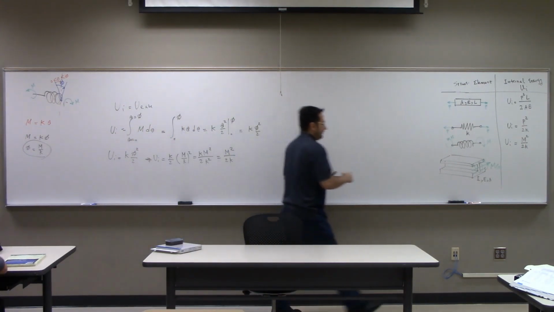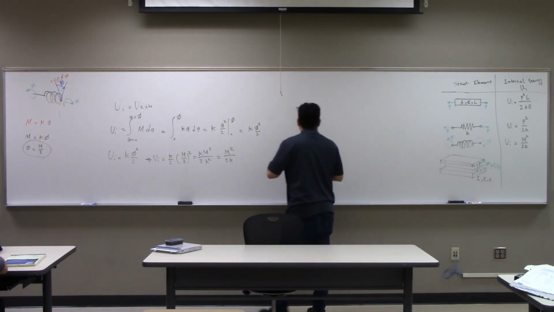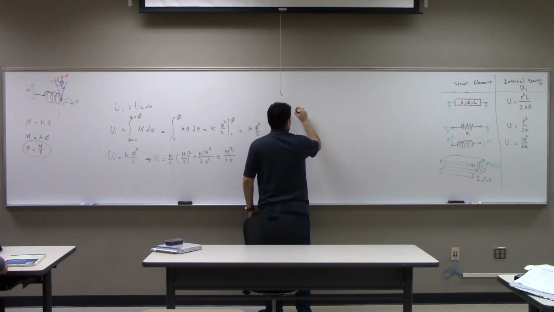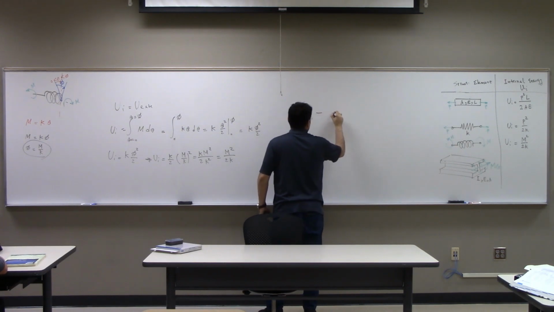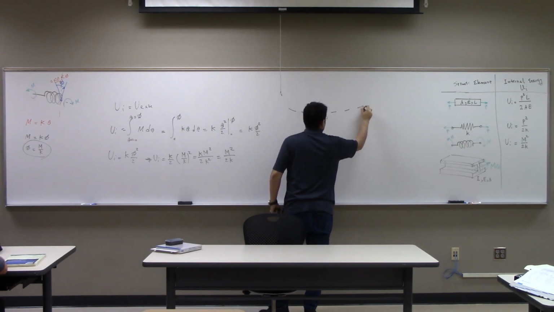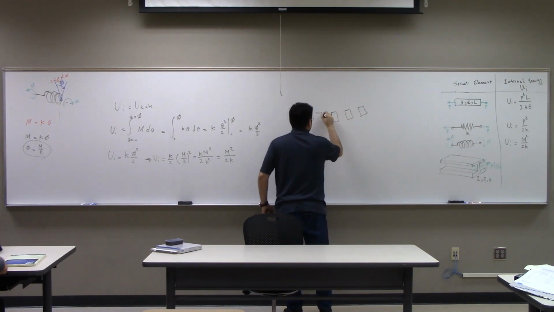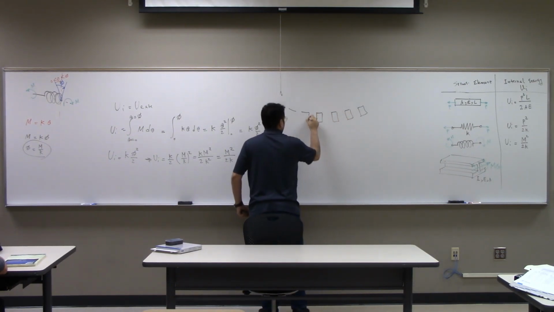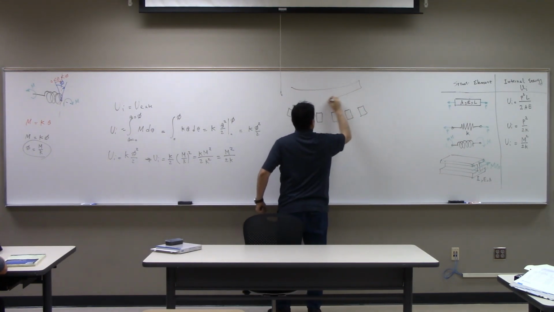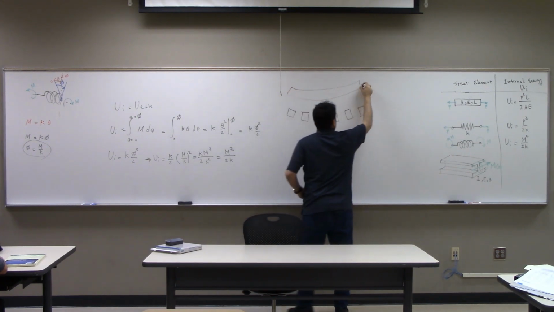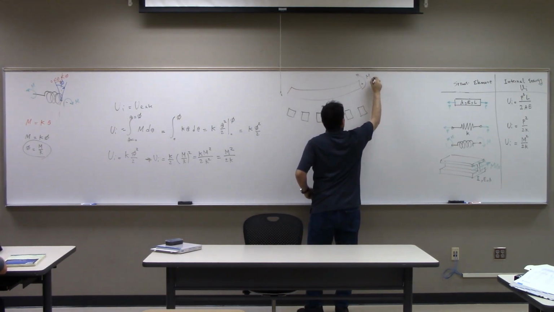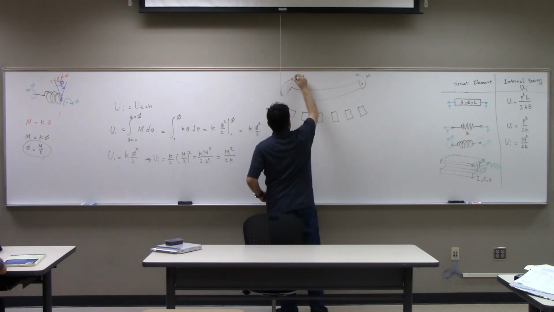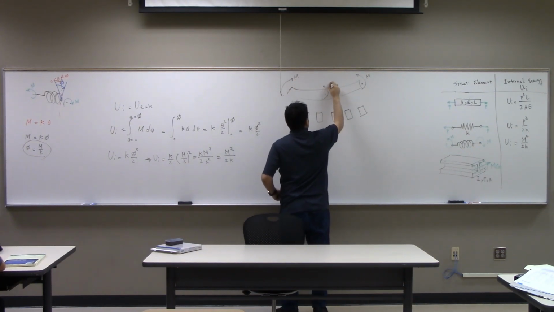So in order to find that, I consider this beam and cut it up into smaller parts. You see, this is my decomposed beam. At any point you have a moment at x.